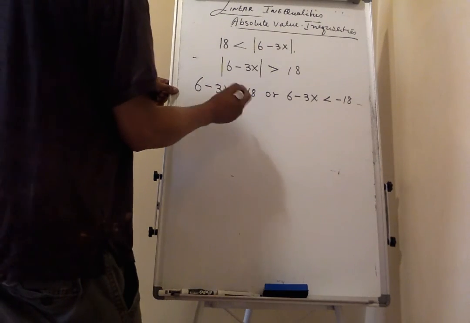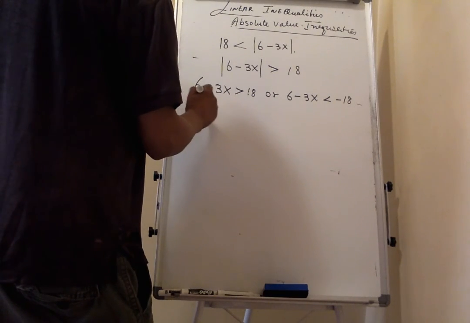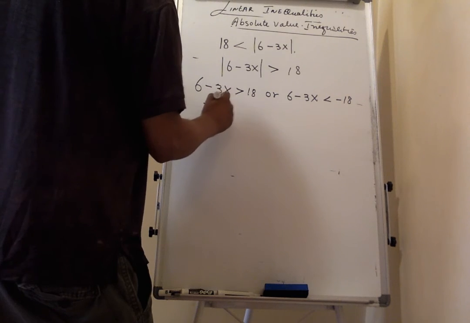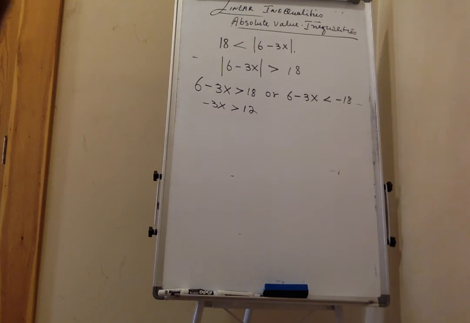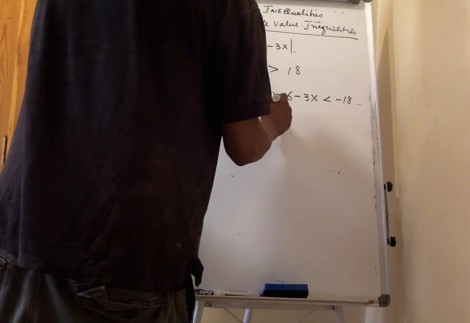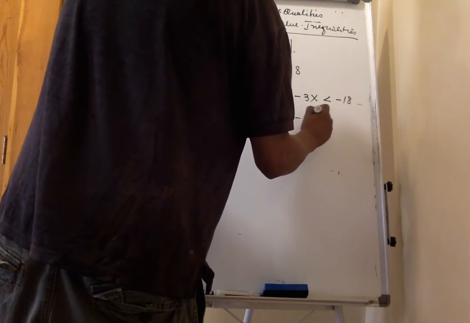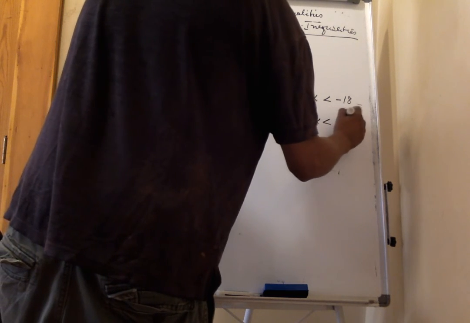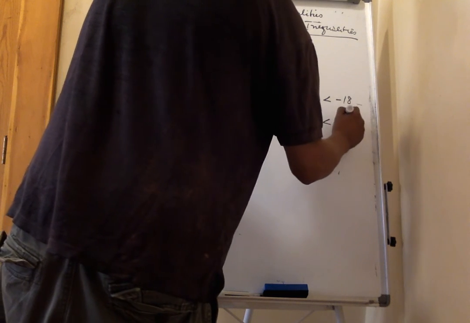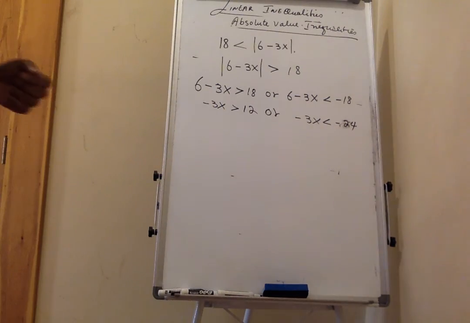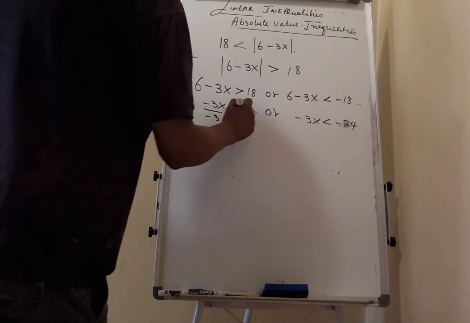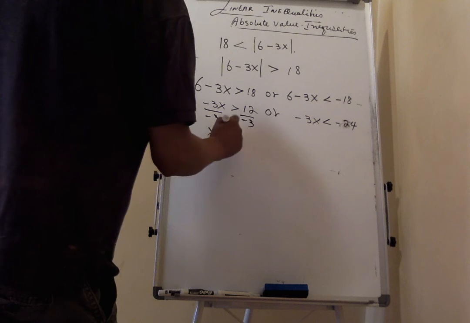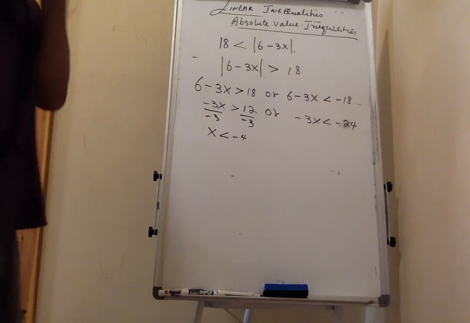Take 6 away from both sides, so minus 3x is greater than 12, right? Or minus 3x is less than negative 24. Now, because you are dividing by a negative number, negative 3, then x is less than negative 4.